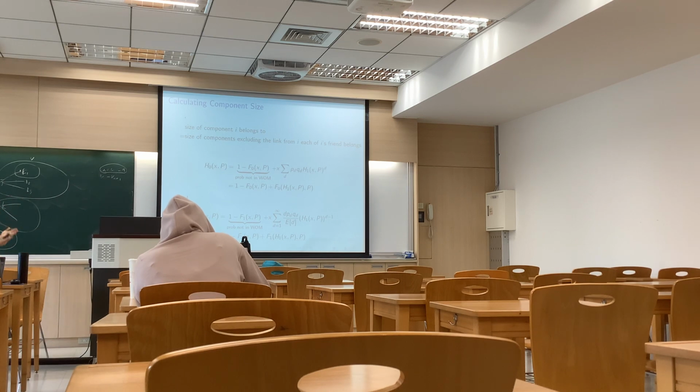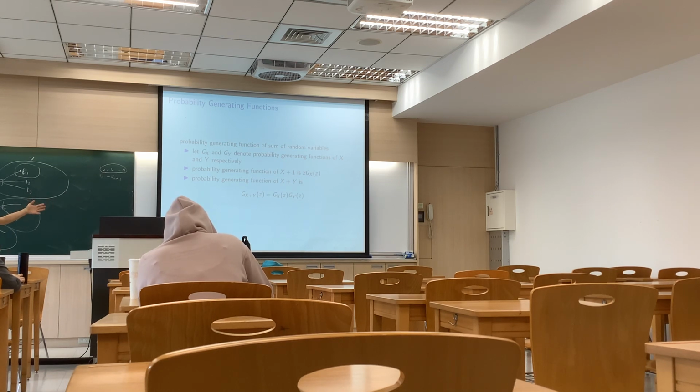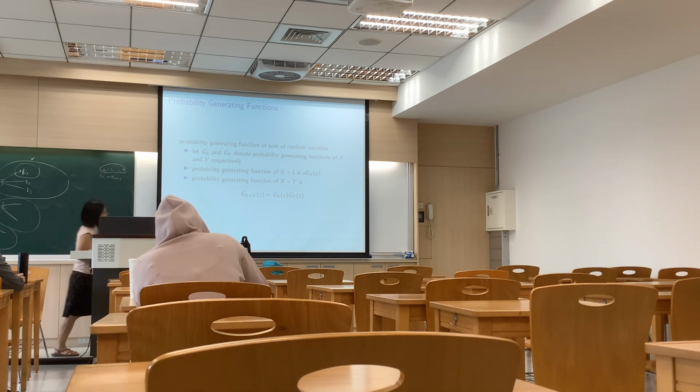The probability generating function of the sum of 2 such random variables is just the probability generating function of that random variable to the power of 2.